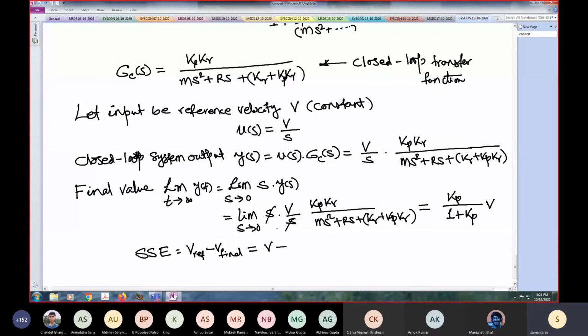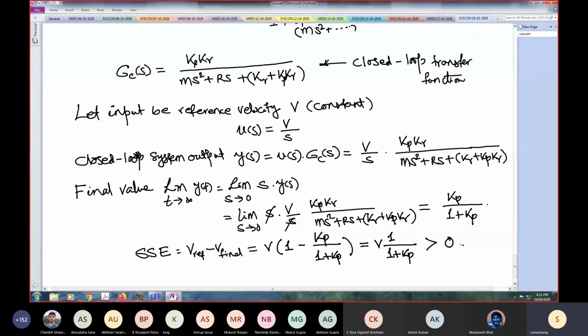V into 1 minus Kp by 1 plus Kp. Okay, so you have V times (1 plus Kp minus Kp), which is V by 1 plus Kp. This is obviously greater than 0.